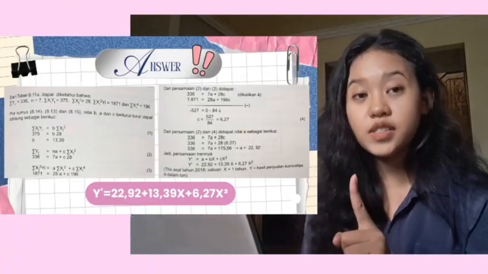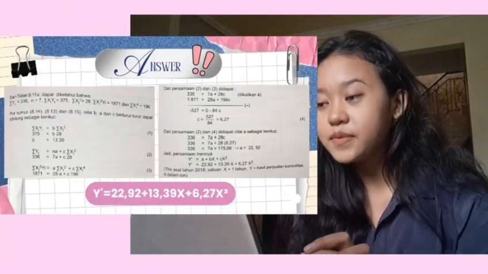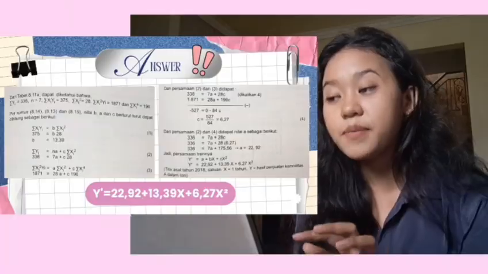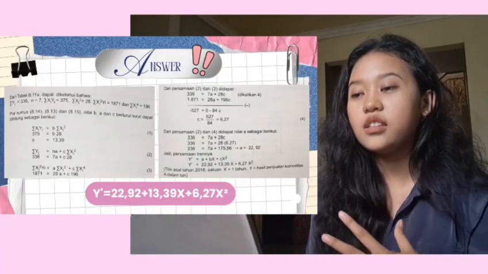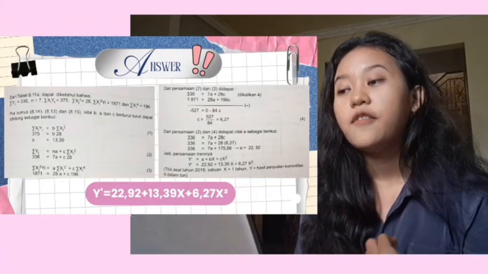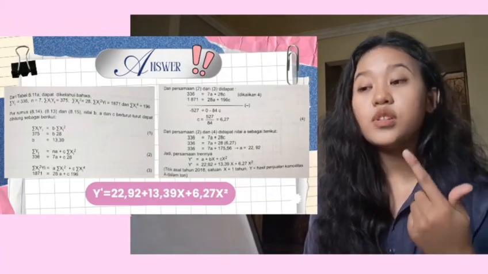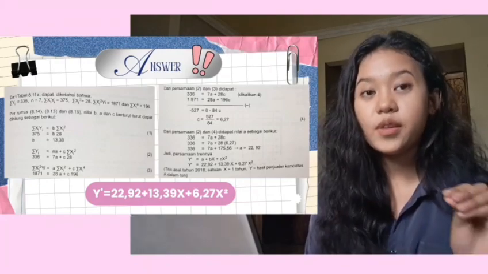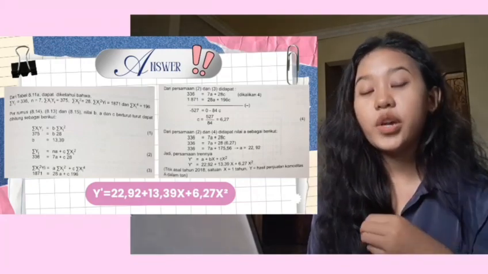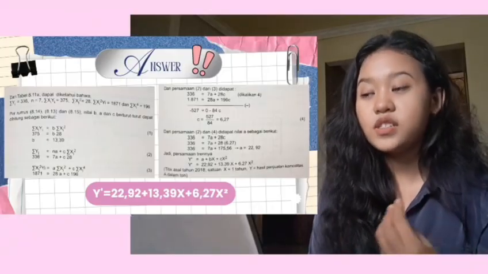So that's the first equation. And the second, we can use sigma yi. Simply speaking, it's just about finding a, b, and also c, so we can make the parabolic trend equation by knowing a, b, and c.